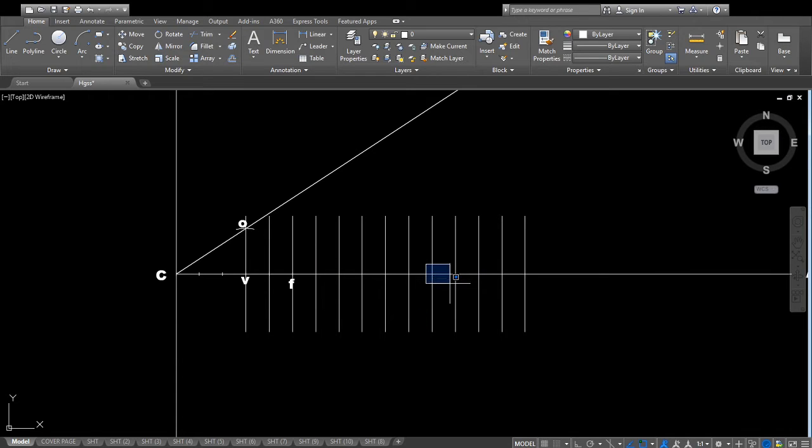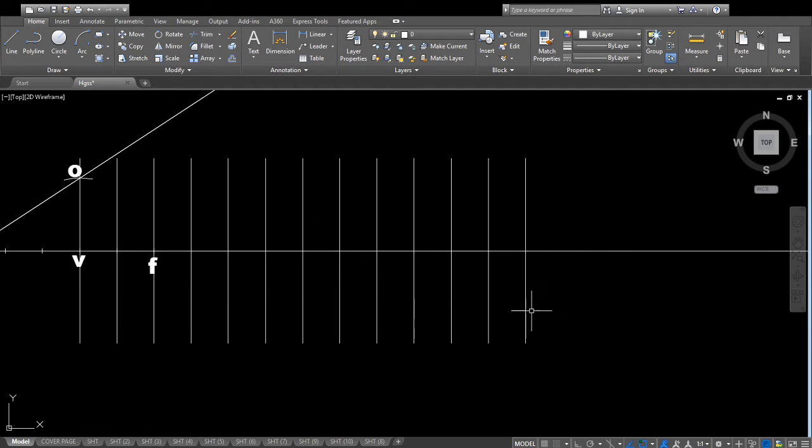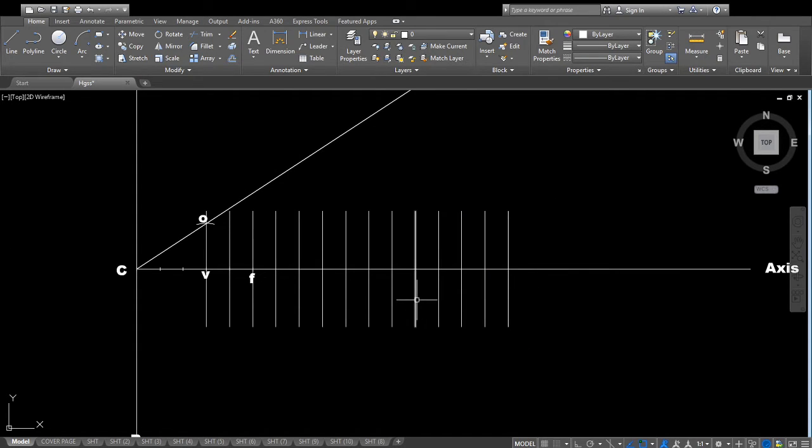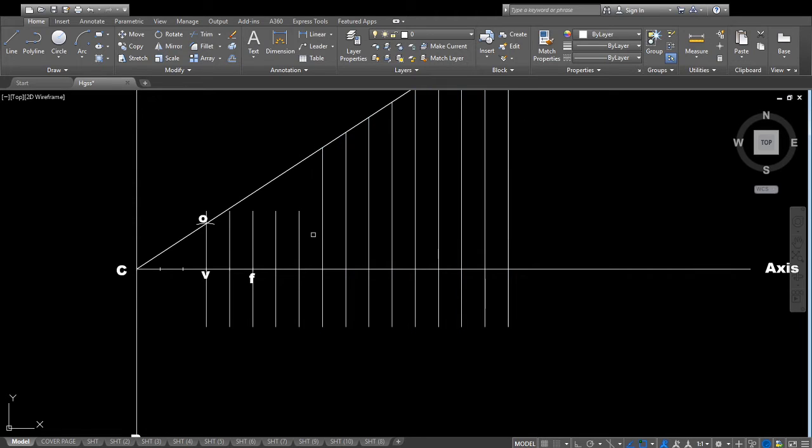Let's see, do you have it up to 12? 0, 1, 2, 3, 4, 5, 6, 7, 8, 9, 10, 11, 12. Let's add one more, 13. We'll extend all this line to this point.